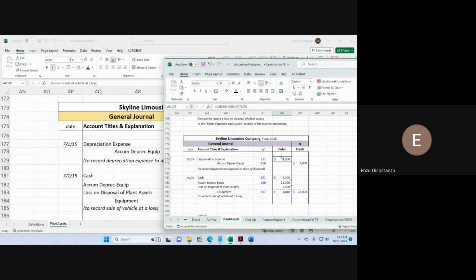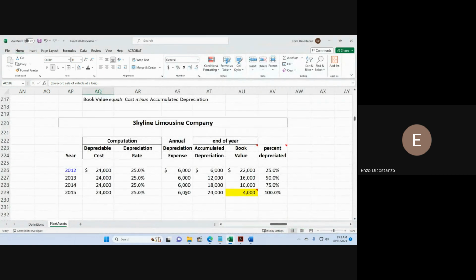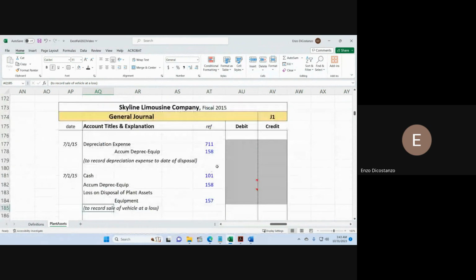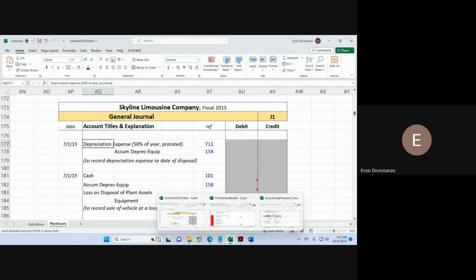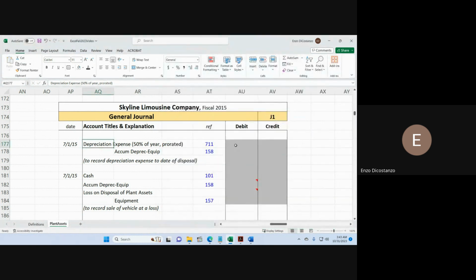Yeah, I'm looking at how I did it. I did the whole formula again for some reason. I don't know why I did that. But you could also just do it like this. You have the expense right there, right? You could do this because it's half the year. This is equal to 50%.